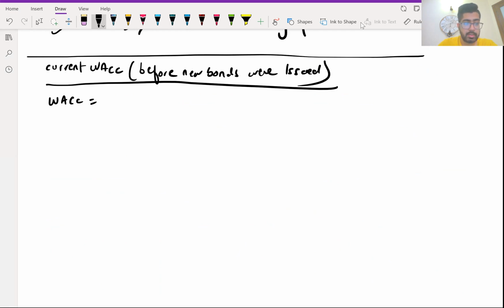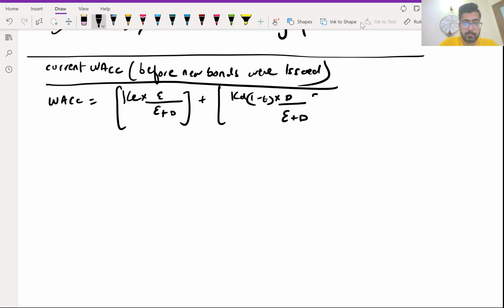So it had to incur two costs, KE and KD(1 minus T), and all costs will be on their proportions: KE on the equity proportion, E over E plus D, and KD(1 minus T) on the debt proportion.